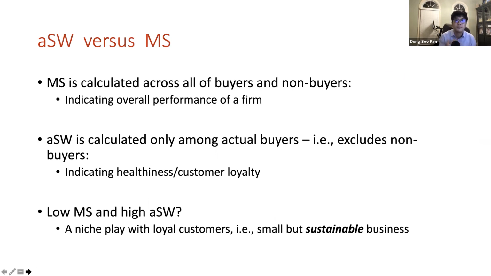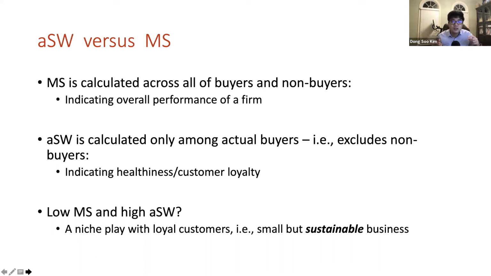So, from the managerial perspective, market share indicates the overall performance of a firm or a brand, whereas the aggregate share of wallet indicates the healthiness or customer loyalty of the firm or the brand. One interesting question is, what about the brand with low market share but high aggregate share of wallet?